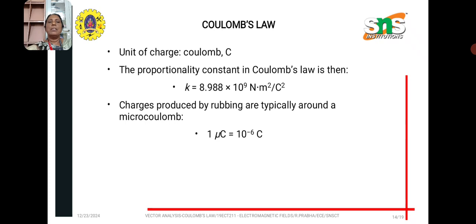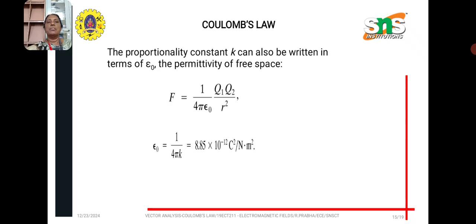The proportionality constant K in Coulomb's law is given by 8.988 into 10 power 9 Newton meter squared per Coulomb squared. The charges produced by rubbing are typically around a microcoulomb, that is 1 microcoulomb is 10 power minus 6 coulombs.